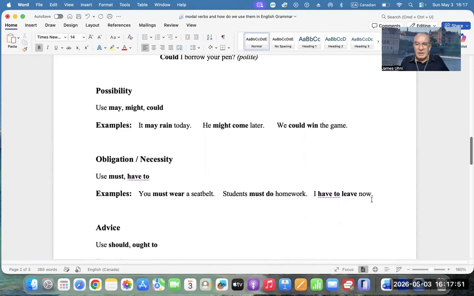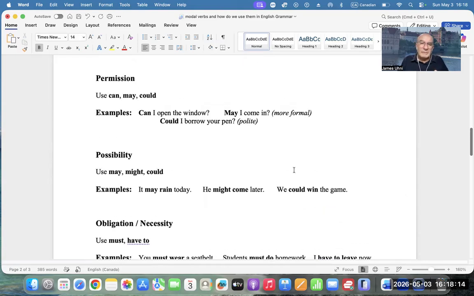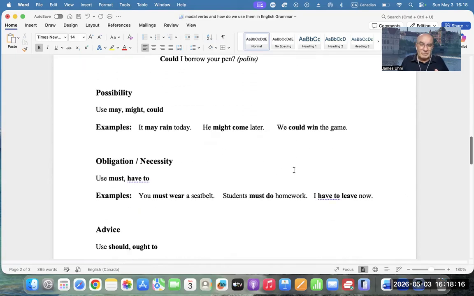I have to leave now means I have 30 minutes to catch the train. I must leave now means I might have only 20 minutes to catch the train. I get to leave now means I have only 5 minutes to catch the train. So these are more like intensifiers, but they work like modal verbs.